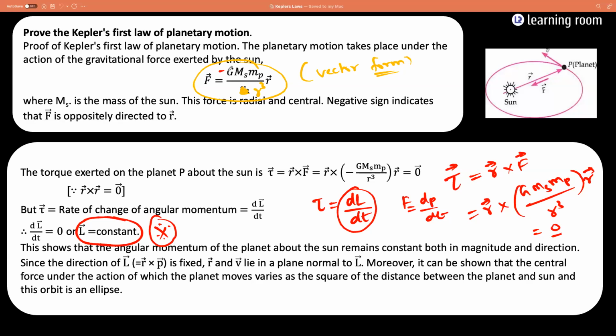I want everybody to note that the angular momentum of the planet about the sun remains constant, both in magnitude and direction. Is this point getting registered? Right, so have this in your mind.